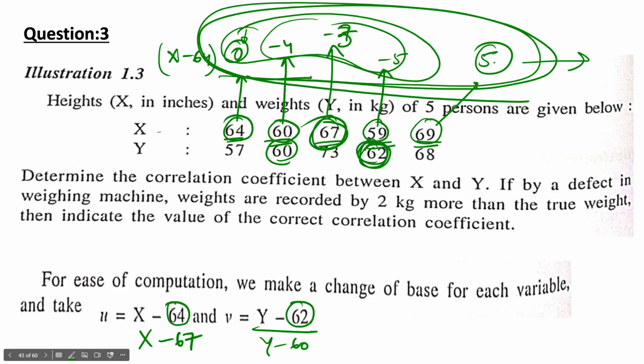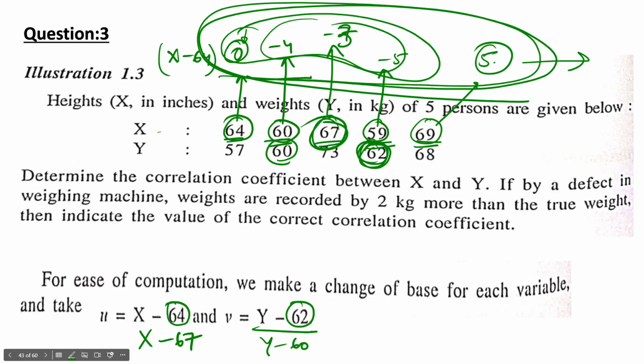So this is the main plan to decide the origin, whether that will be 62 or 60, whether for X that will be 64 or 67. That is the basic layout, how you can think about the decision about the origin.